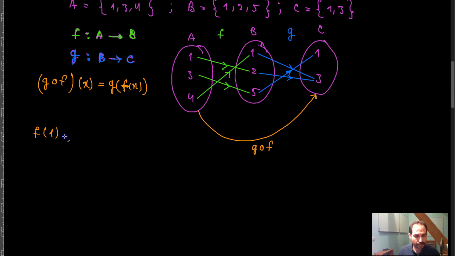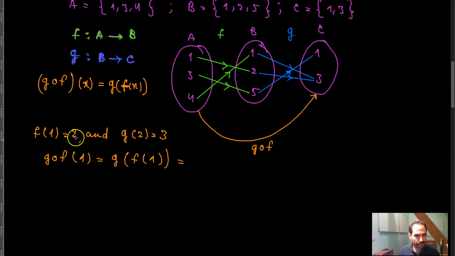And so then g∘f of 1 is the same thing as g of f of 1, which is g of 2, and g of 2 is equal to 3. As you can see, this function takes you from here straight up to here.